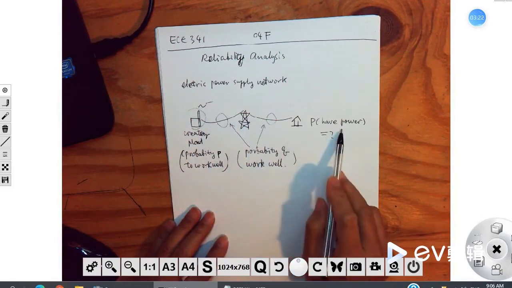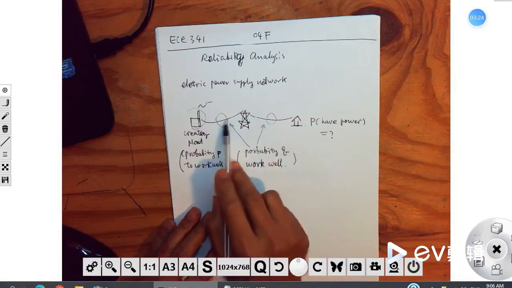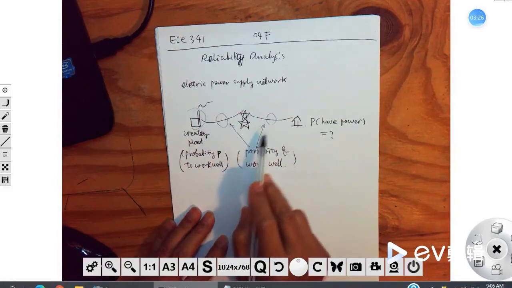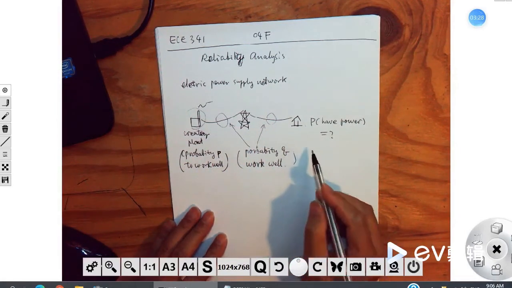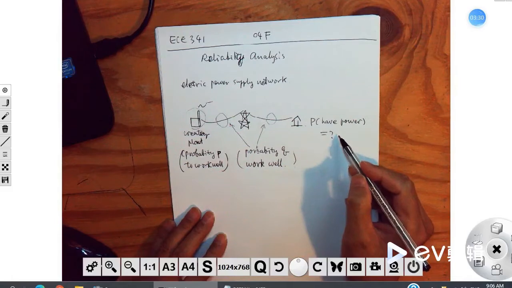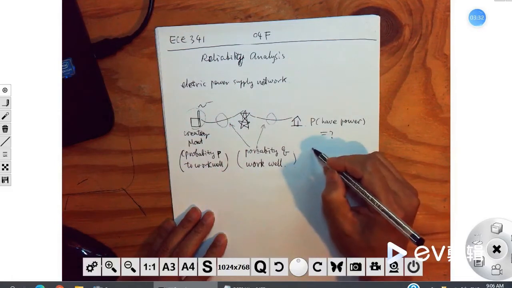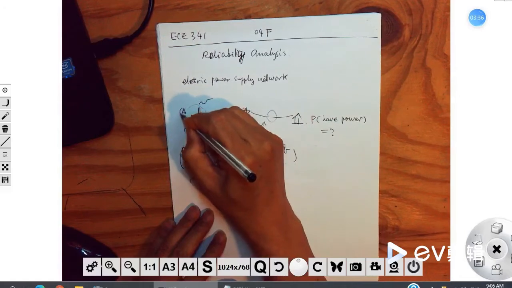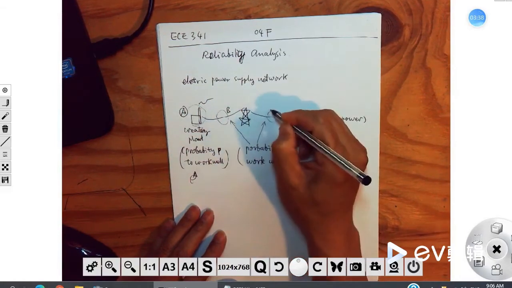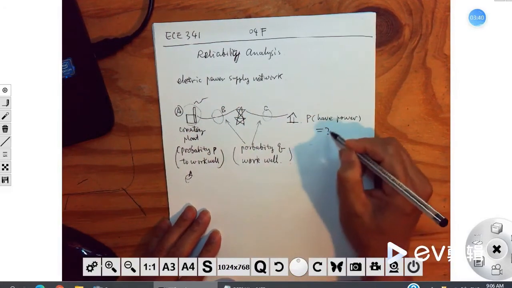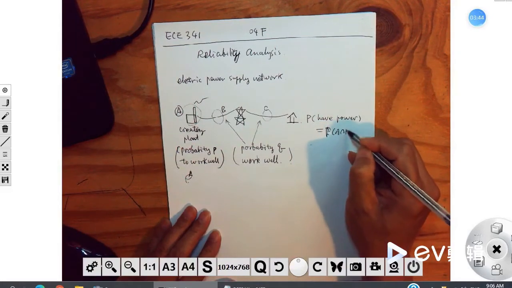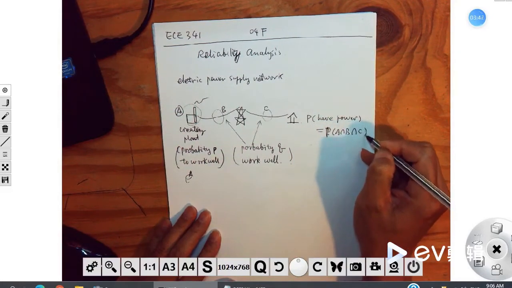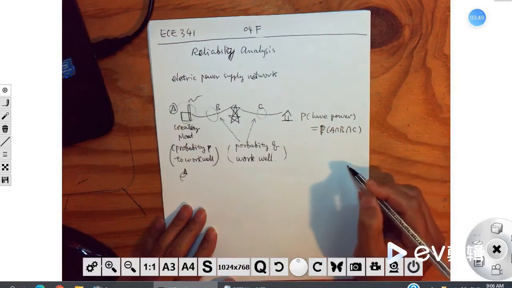If any one is broken, you lose your power. Say this is A, this is B, this is C. So this equals the probability of A and B and C, all three working.